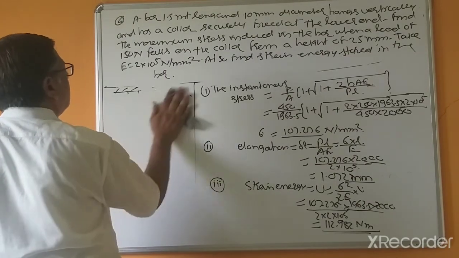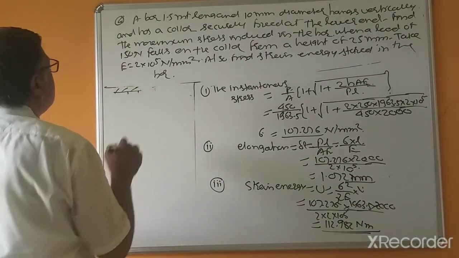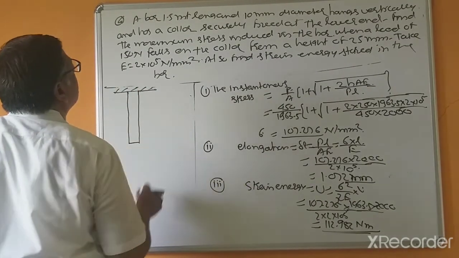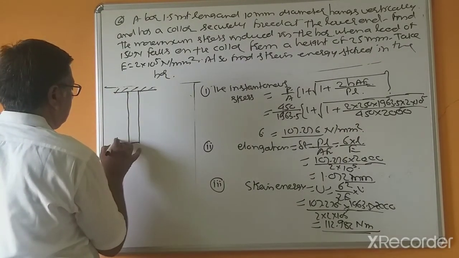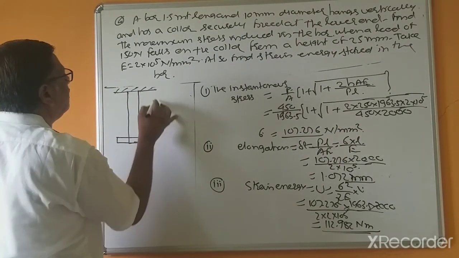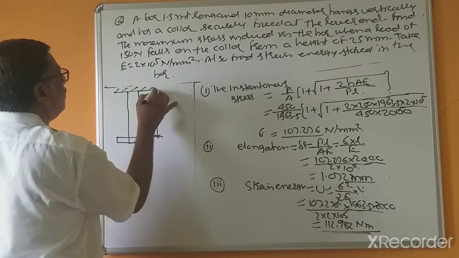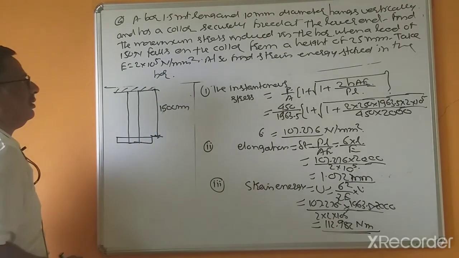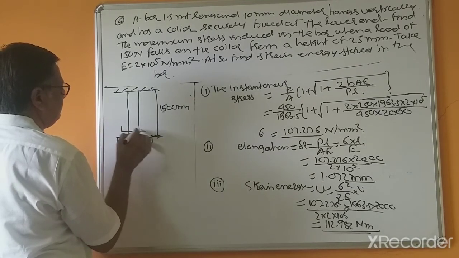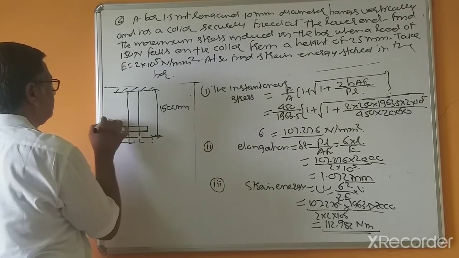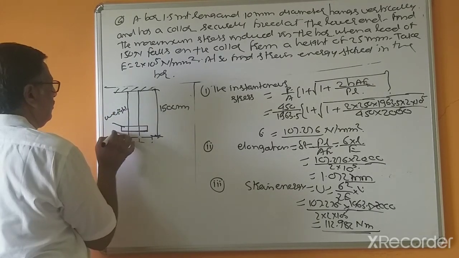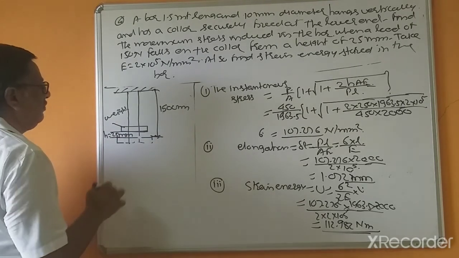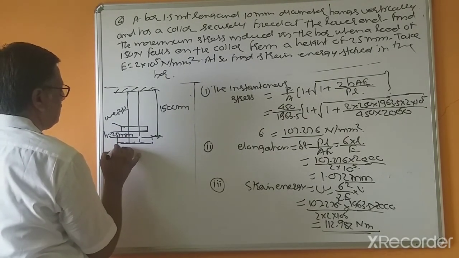In this case 1.5 meter, this distance equal to 1.5 means this is 1500 mm. And this load, this is weight, this height h equal to 25 mm.